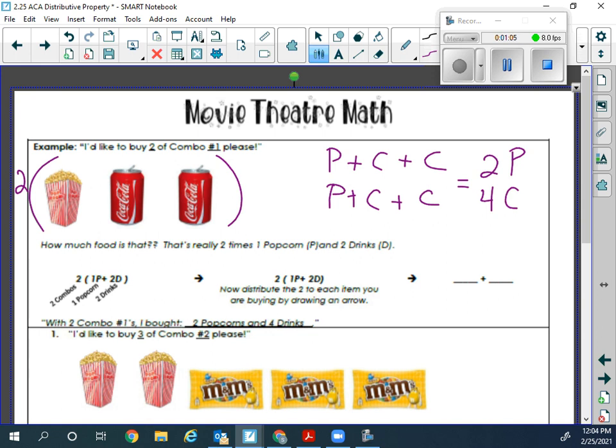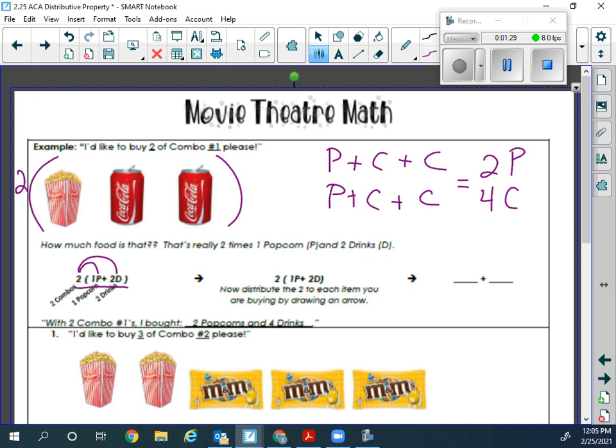Okay? So another way that we can do that is to distribute it mathematically. So if you look at how this is written, 1P plus 2D. They're saying D for drink, that says C. So that means I need 2 of the popcorn and 2 of the drinks.